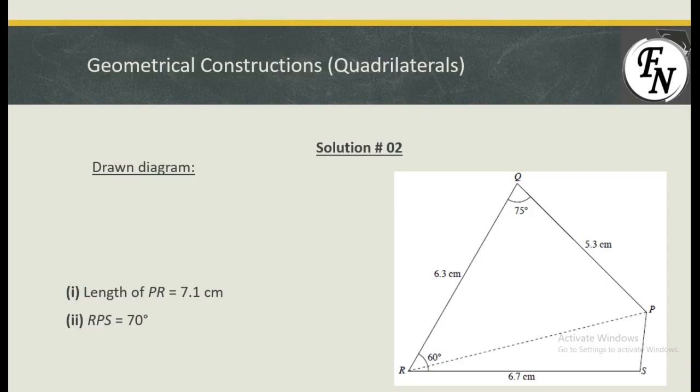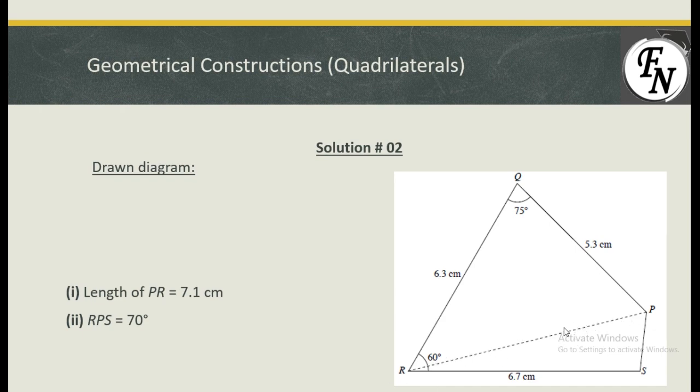After the construction, we have obtained this quadrilateral PQRS, and this is angle 60 degrees, this is 75 degrees, and these are the lengths which were mentioned in the question. Now my question was to find the length of PR, and this is PR, so I have connected it with a dotted line.